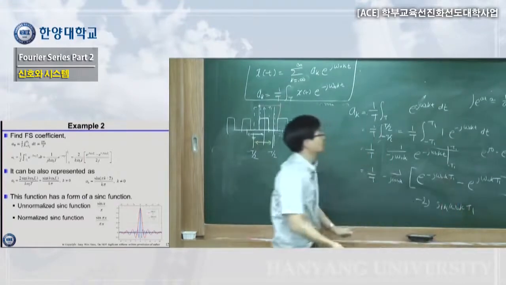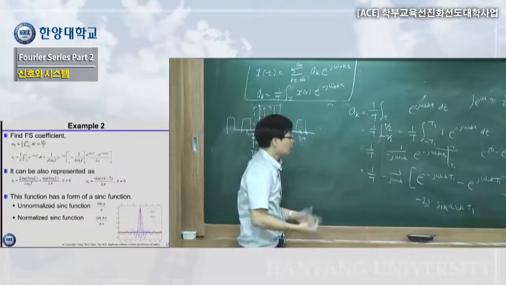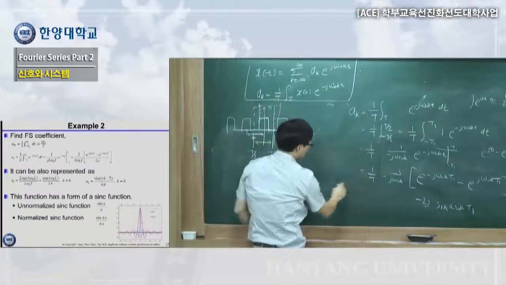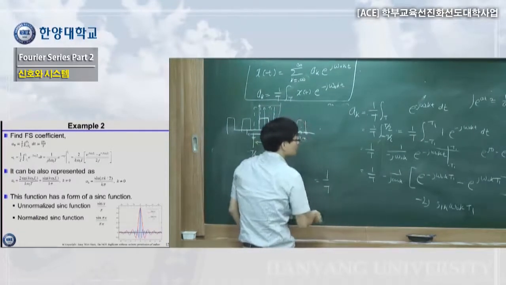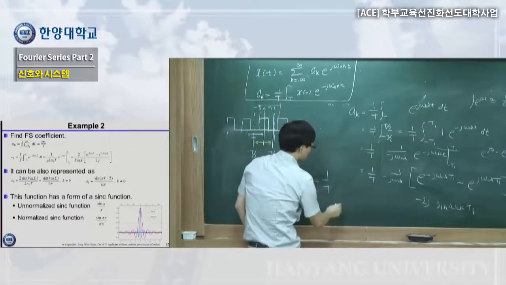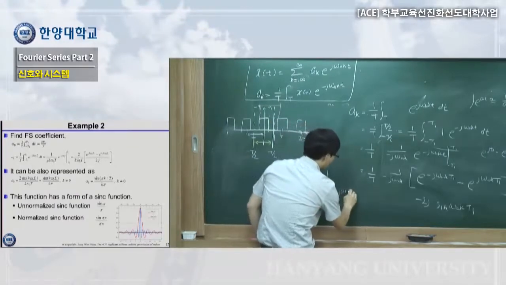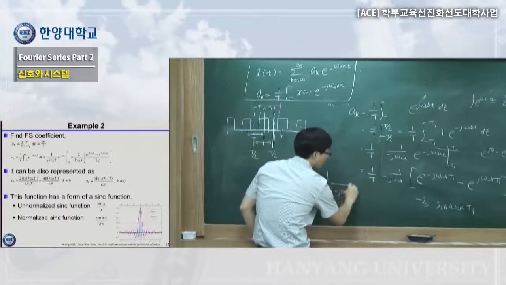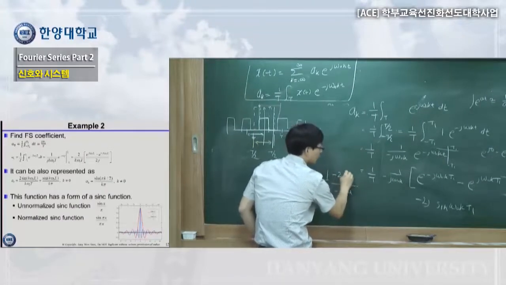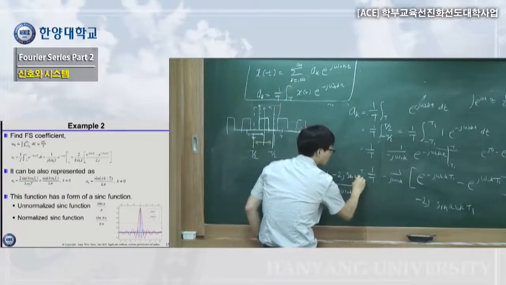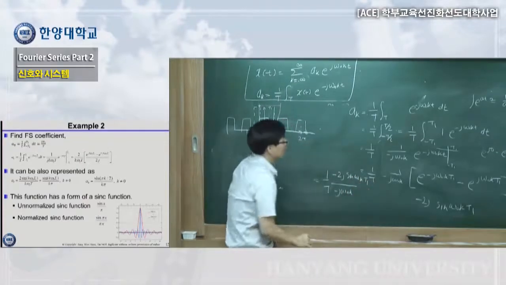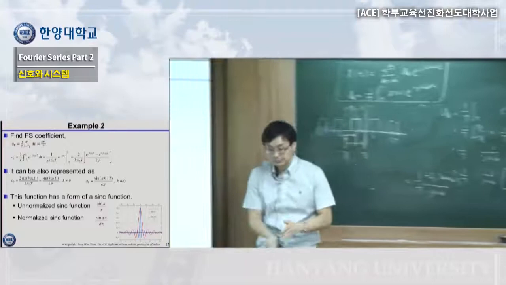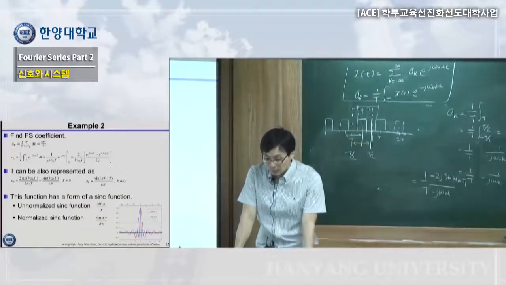kt1. And then we sum them together. So we have one over the period, 1 times j omega k over minus 2j sine omega 0 kt1. So, right? So what do we have?